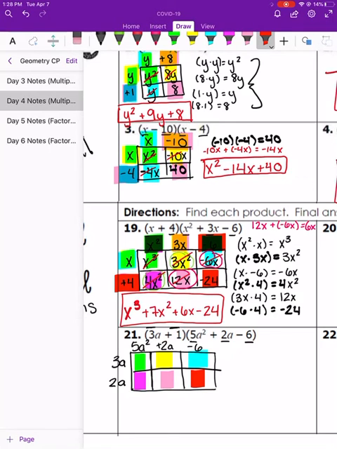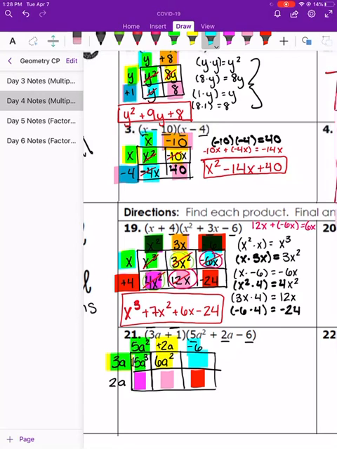So for my first one, my green, it's going to come from 5a squared and 3a. This is going to give me 15a cubed. My yellow one is going to come from the 2a and the 3a. 2a times 3a is going to give me 6a squared.